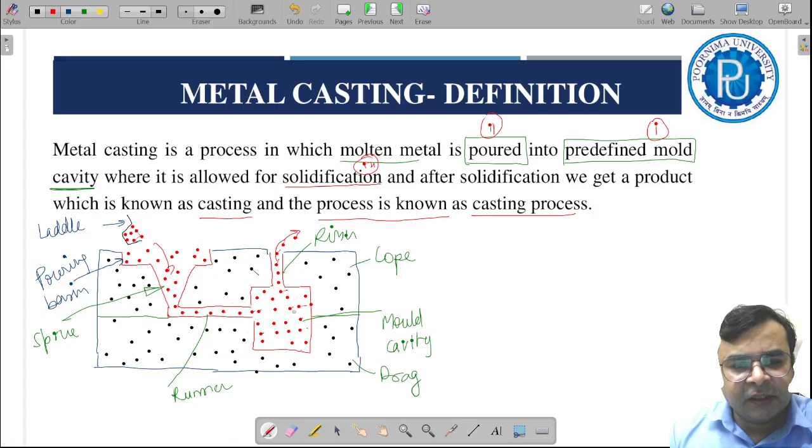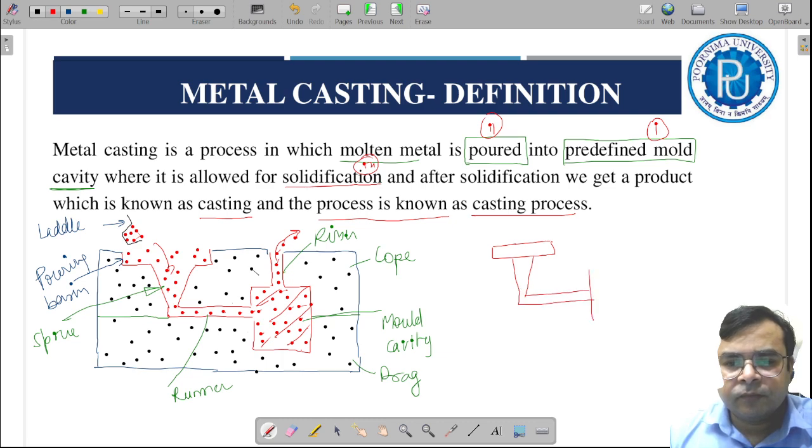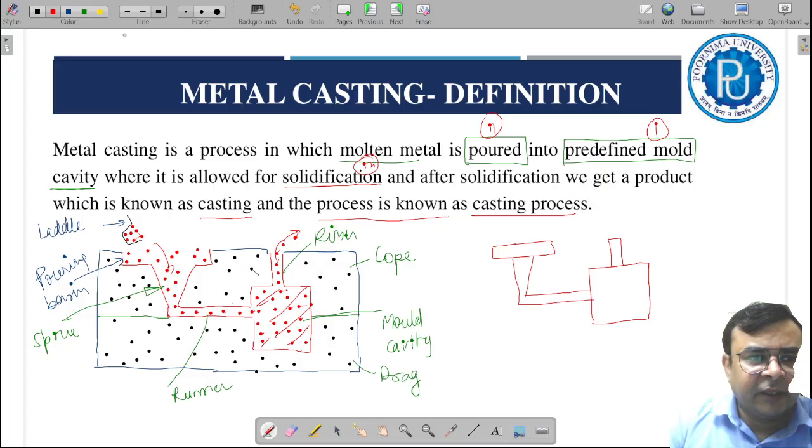And after that, obviously, this is a liquid metal. So now we allow some time so that this liquid metal gets solidified. And once it gets solidified, then obviously we get a solid piece of metal like this, because the molten metal which is placed everywhere, in the runner, in the riser, in the pouring cup, everywhere we have molten metal, and the entire molten metal gets solidified.